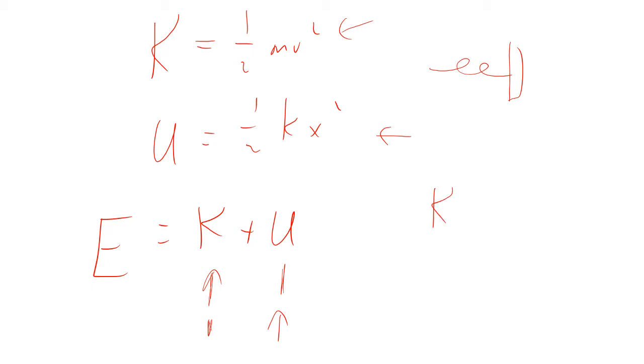That would say that the maximum kinetic energy equals the maximum potential energy. So that's one introduction to this. The other thing is that at any particular moment in time, kinetic plus potential is going to be the total energy.